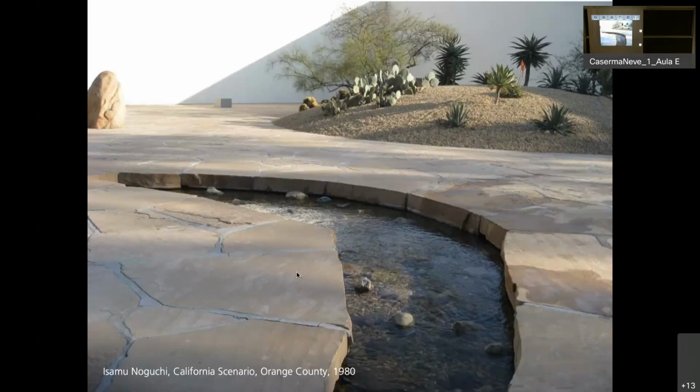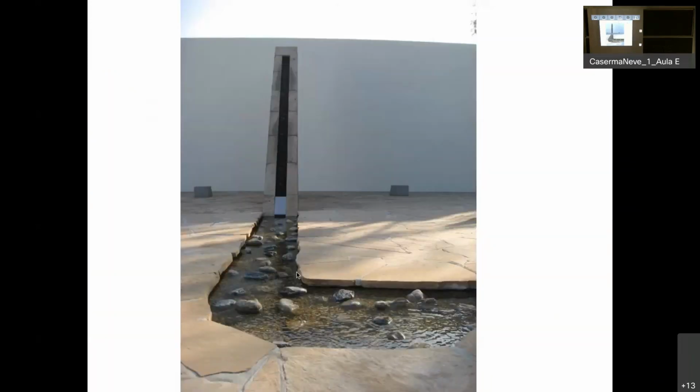So there is this artificiality that is always conceptually evoking something natural, but it is not. And this is very interesting in all of Noguchi's landscape creations.